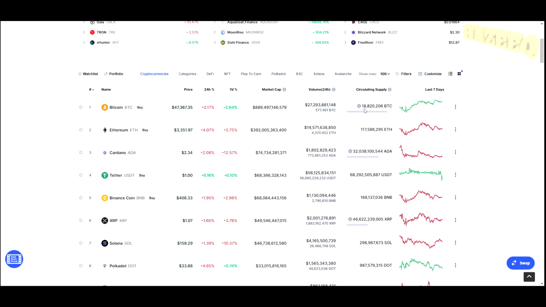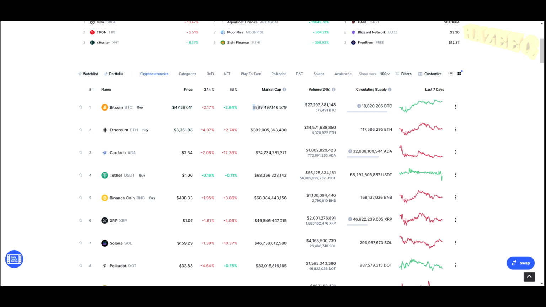So it is presumed that every Bitcoin in the circulating supply was bought at this price, $47,000, which is incorrect, because some Bitcoins were bought in at $1, $5, $1,000, $5,000, $300. So you get the idea, right?